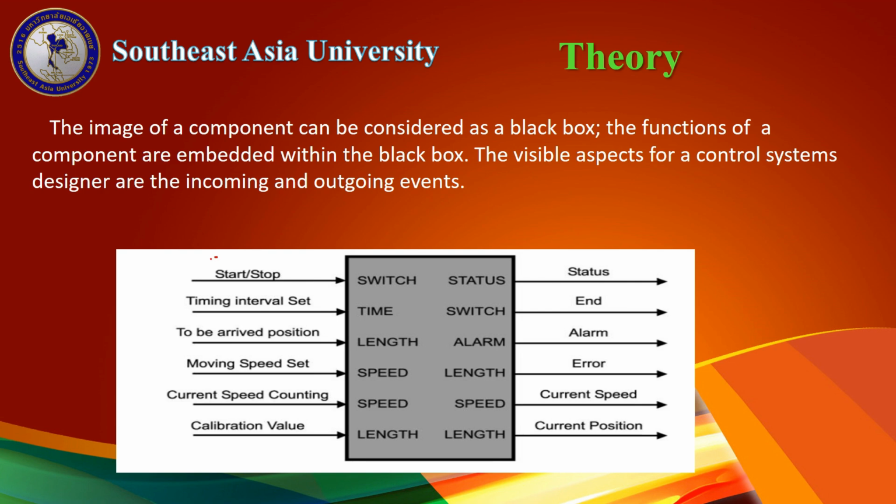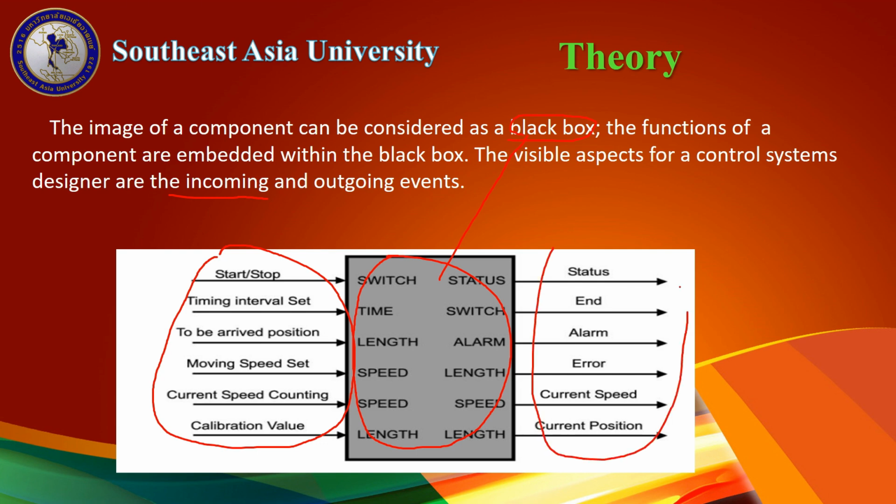This part are the input events, just like this. And the middle part can be regarded as a black box, just like this. And this part are the output events.